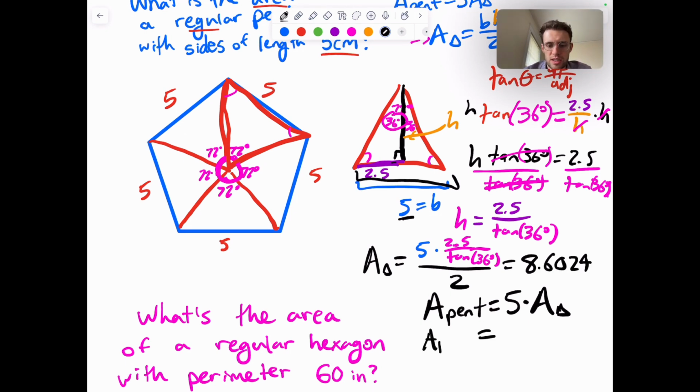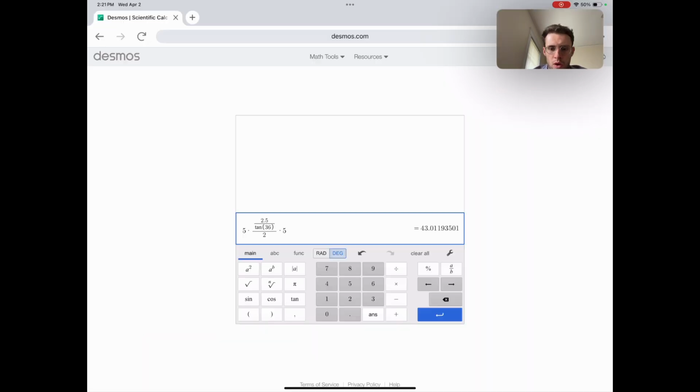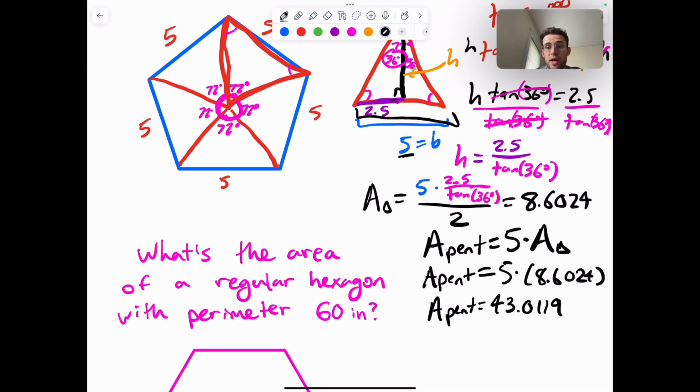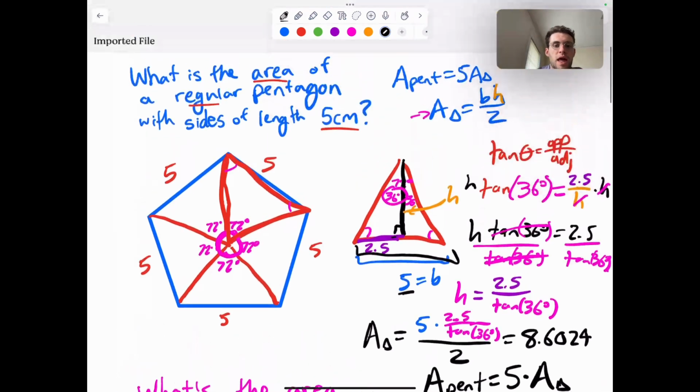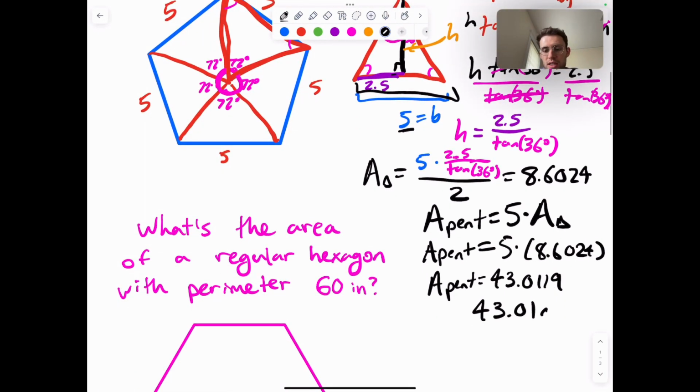Area of the entire pentagon is equal to 5 times that 8.6024, which gives me 43.0119. If they ask us to round that to the nearest hundredth, we'd say that it's 43.01, and our units were centimeters. So since it's area, it's going to be centimeters squared.